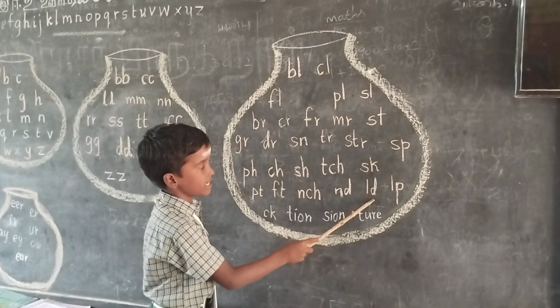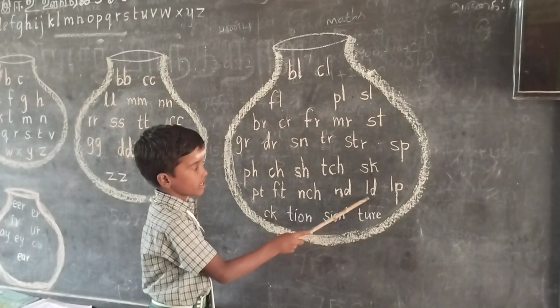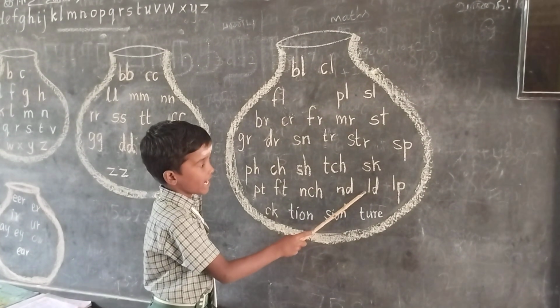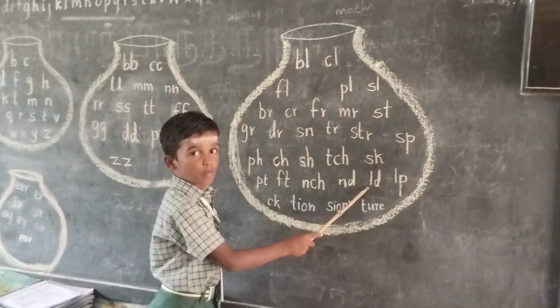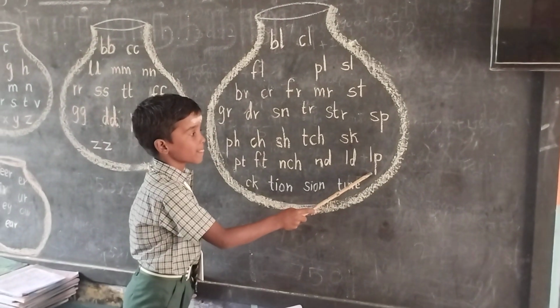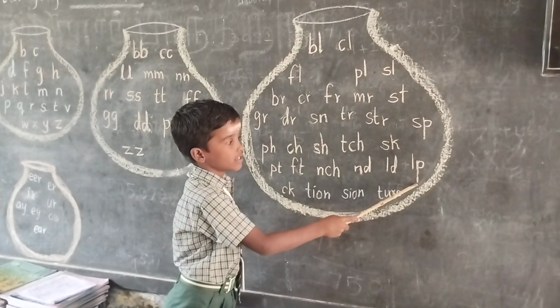The combination of letters LD as a sound: yield. For example, child, gold. The combination of letters LT: help.